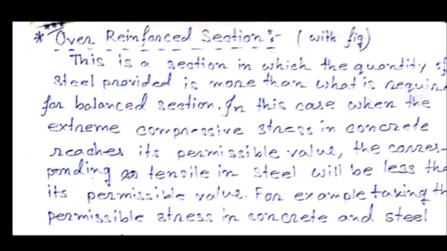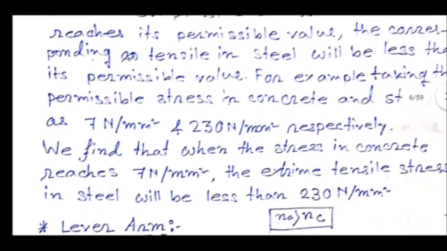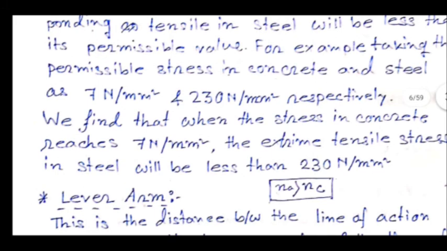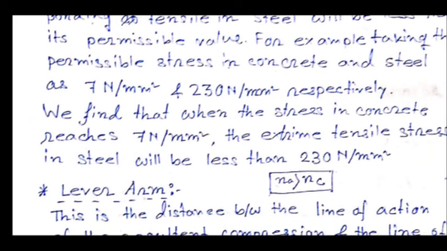Next is the over reinforced section. This is a section in which the quantity of steel provided is more than what is required for a balanced section. In this case, when the extreme compressive stress in concrete reaches its permissible value, the corresponding tensile stress in steel will be less than its permissible value. Again, for example, taking the permissible stress in concrete and steel as 7 Newton per millimeter square and 230 Newton per millimeter square respectively.